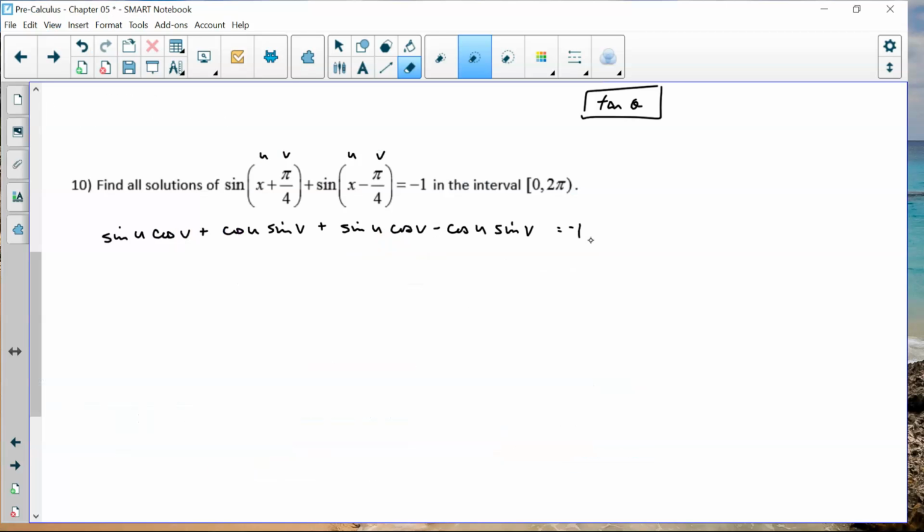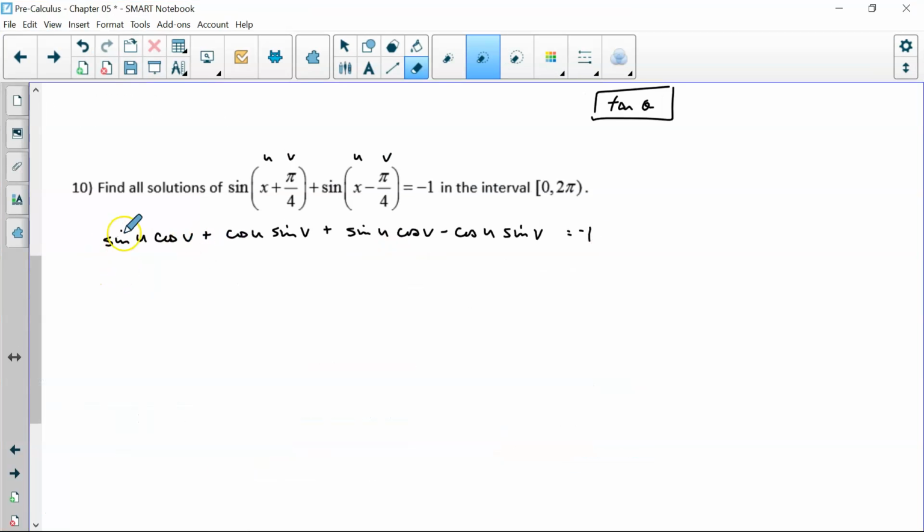So for the first part, it's kind of like two separate things here. Pretend like there's a little imaginary line for right now. So we have the sine of x cosine of pi over 4 plus the cosine of x sine pi over 4.